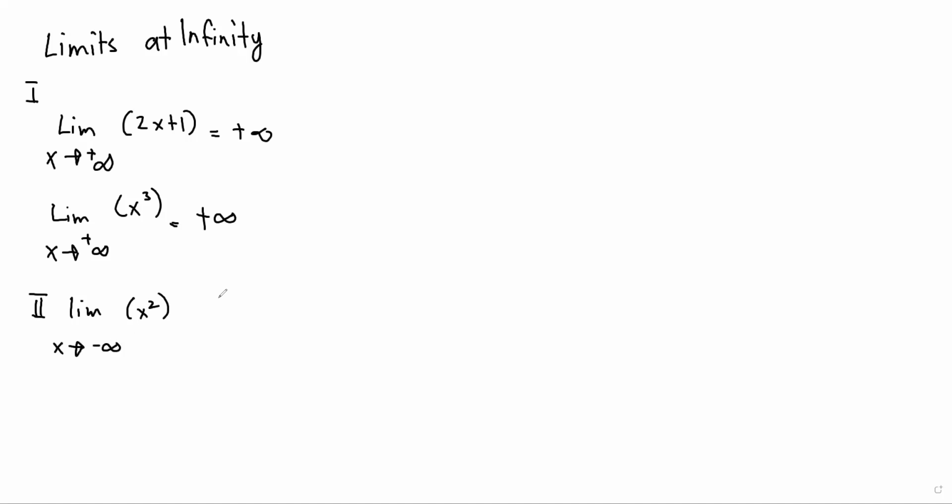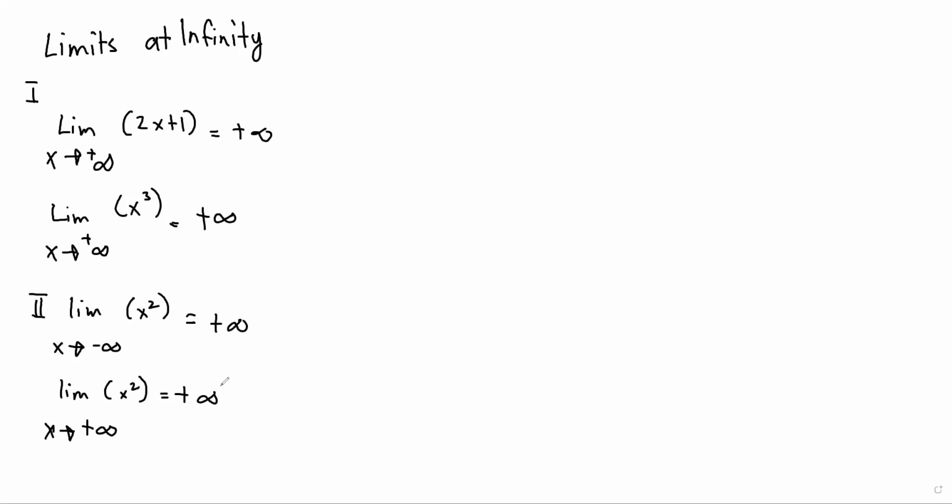Technically, negative times negative is positive infinity. So when it comes to an even exponent, whether x approaches negative or positive infinity, it will always be positive. So, positive infinity is equal to positive infinity.